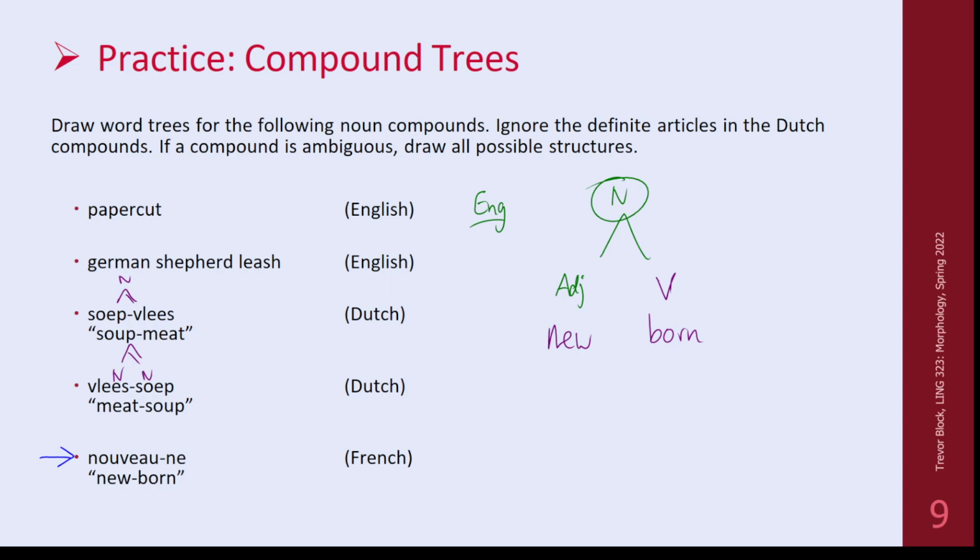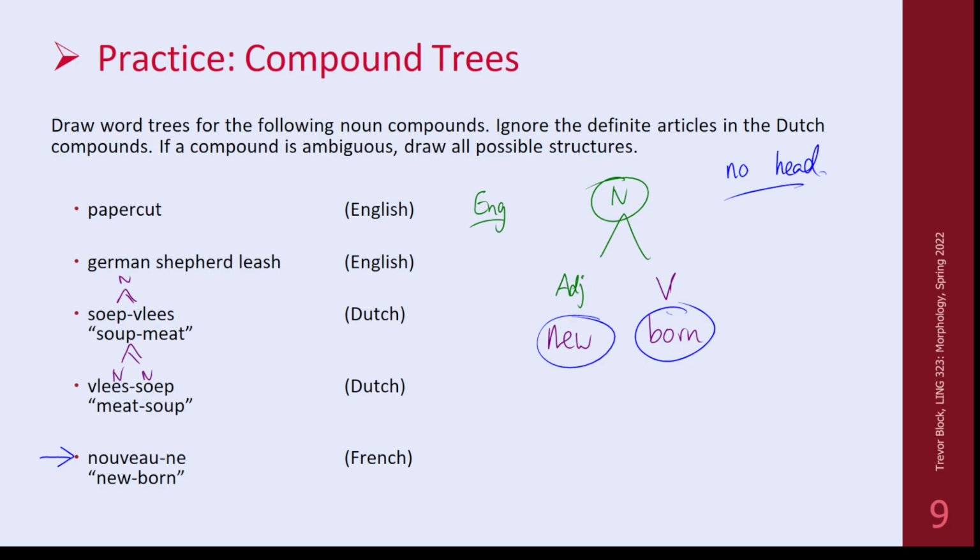Why is an adjective and a verb creating a noun? Well, the thing is, this is a different type of compound, because when we think about this, this is not a type of born, and this is not a type of new. Its core meaning is coming from somewhere else, not from the word. It's coming from outside of the word. So this is a different type of compound, and we say these ones have no head.